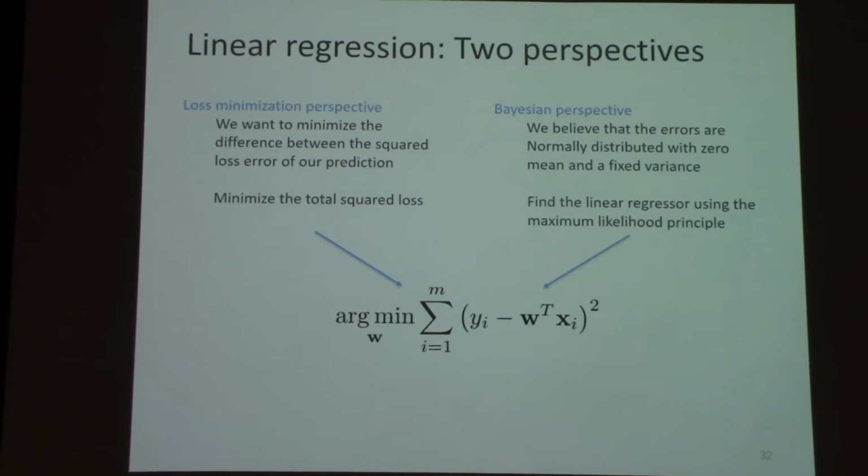It turns out you could get to the same thing by saying that you believe that the errors are normally distributed, and we apply maximum likelihood estimation. At the end of the day, the actual optimization that you solve to get the best hypothesis ends up being the same. It's just a perspective that changes.